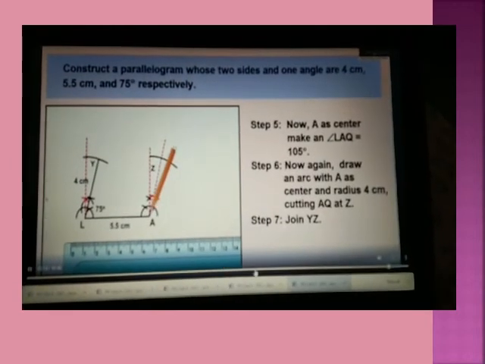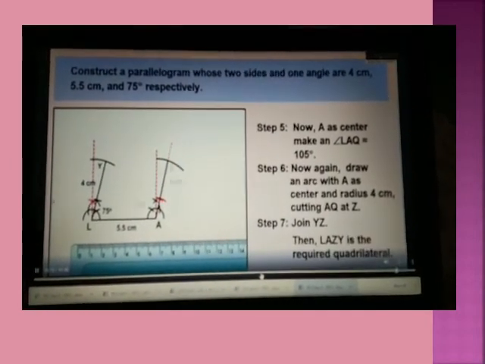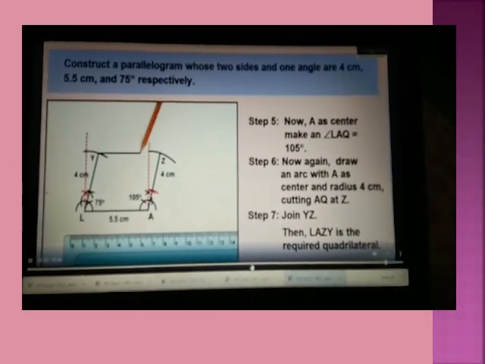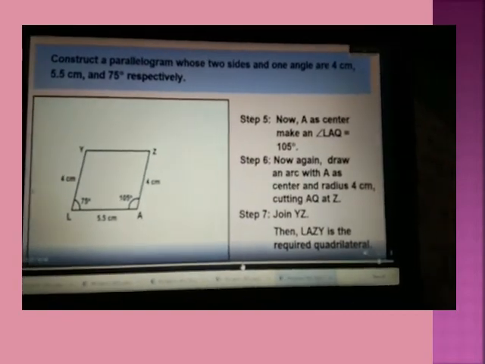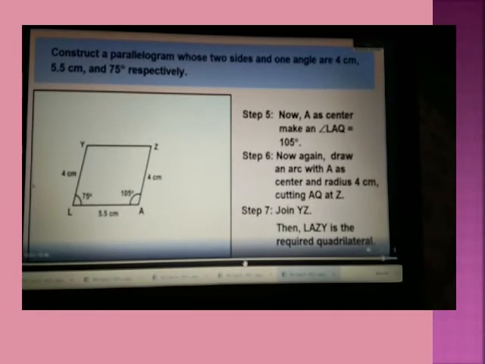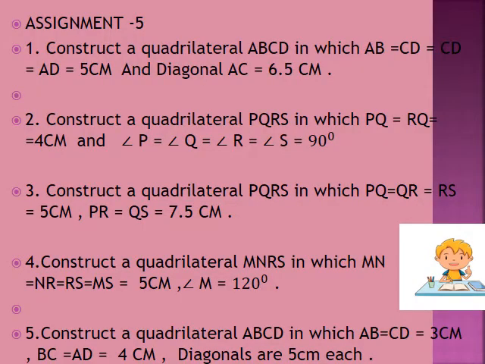Join YZ. Then LAZY is the required quadrilateral. In this way, dear students, you have to construct the quadrilateral.